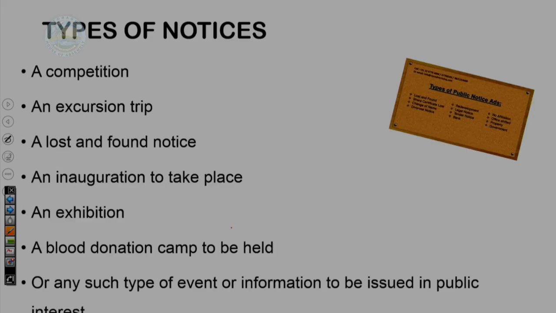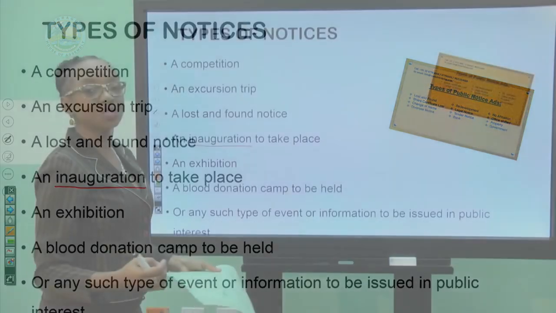Types of notices. You can have notices that are geared towards informing individuals about a competition, an excursion, lost and found notices, an inauguration that can take place, and even at the school level you can have an inauguration which would involve the installation of, let's say, your student council executive.